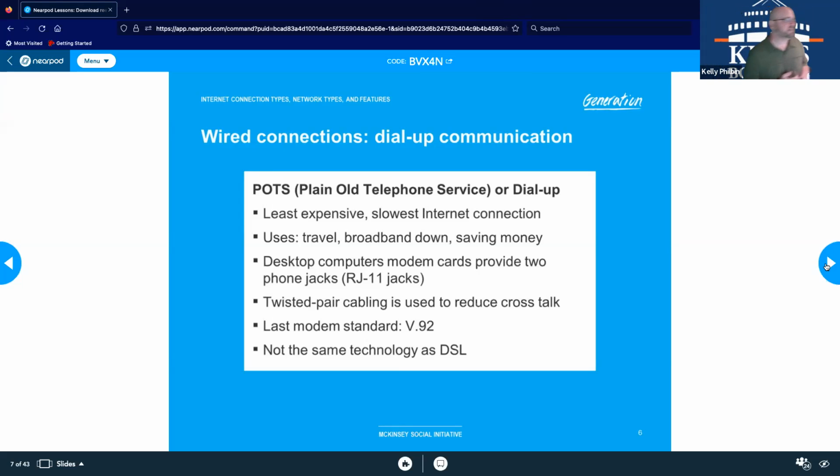So desktop computers, modem cards provide 2 phone jacks, RJ11 or RJ45. This really is not the case anymore. They typically only provide the RJ45, but you can get adapter cards to fit the RJ11 if you need. It still uses the twisted pair cabling so that there's not a lot of crosstalk. But unlike the RJ45, it operates on 4 wires instead of 8.